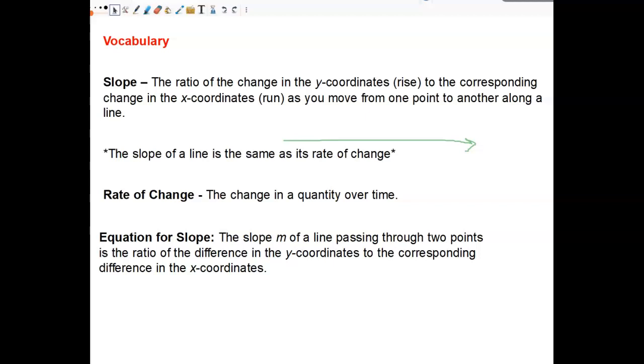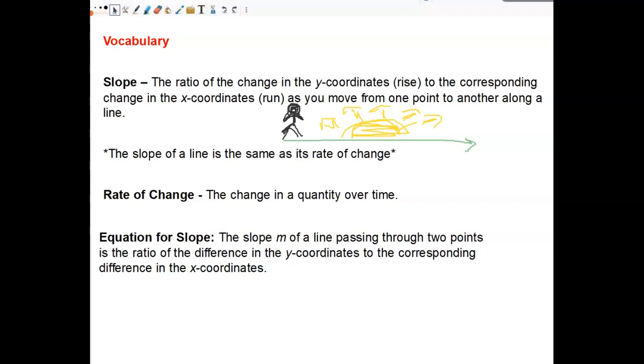So here's my little stick figure out going for a run, running along the grass as the sun is rising on the horizon. So it was rise over run because the sun rose up as the man ran along.